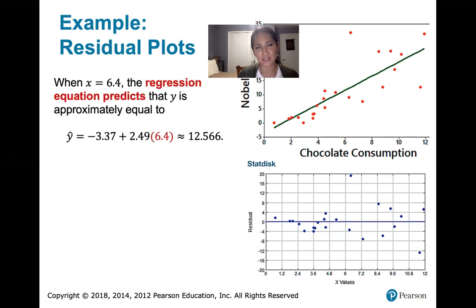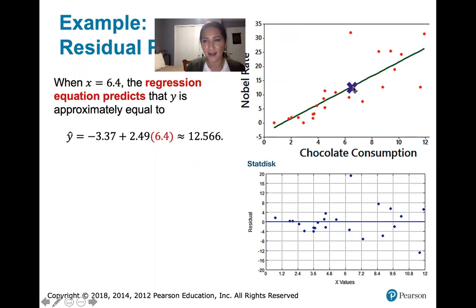If x is equal to 6.4, the regression equation predicts that our y value would be approximately equal to negative 3.37 plus 2.49 times our x value, which is 6.4. And that turns out to be about 12.566. It's approximately there. Here's 6.4 approximately, and the y value when x equals 6.4 is about 12.5. That's what that says.